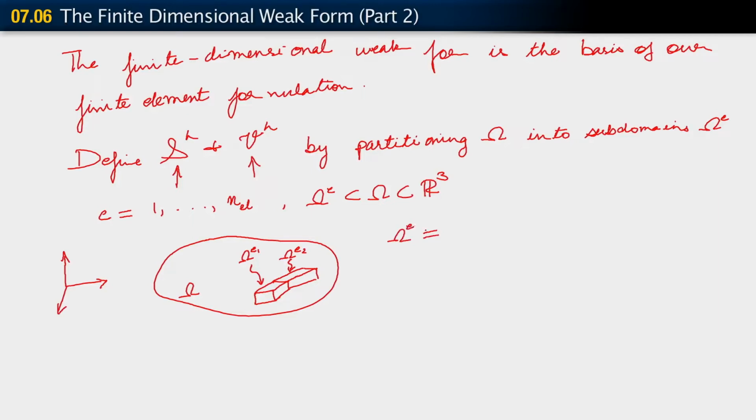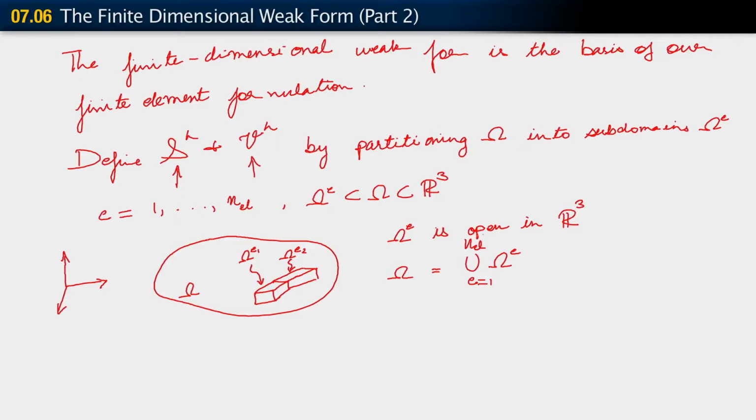Okay, so mathematically, just as we had before, each omega E really is open in R3. So we consider each of these, formally at least, to be an open subset, and therefore our total domain omega is the union of each omega E running from 1 to number of elements.